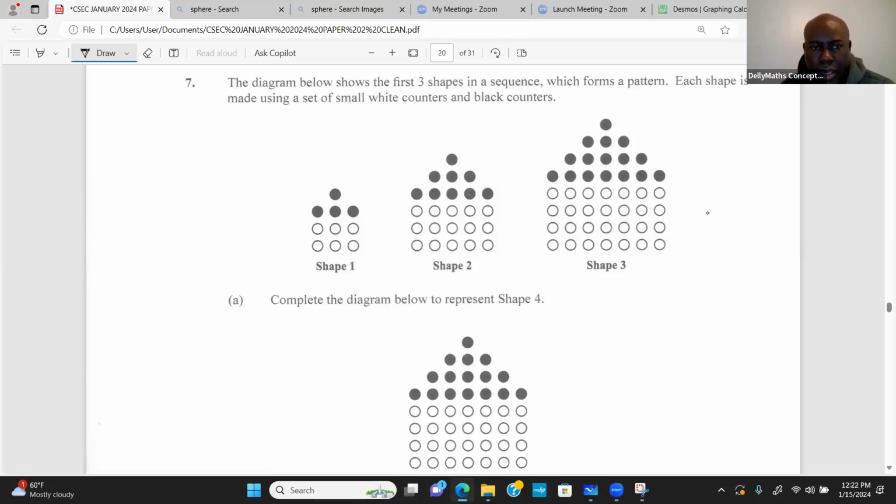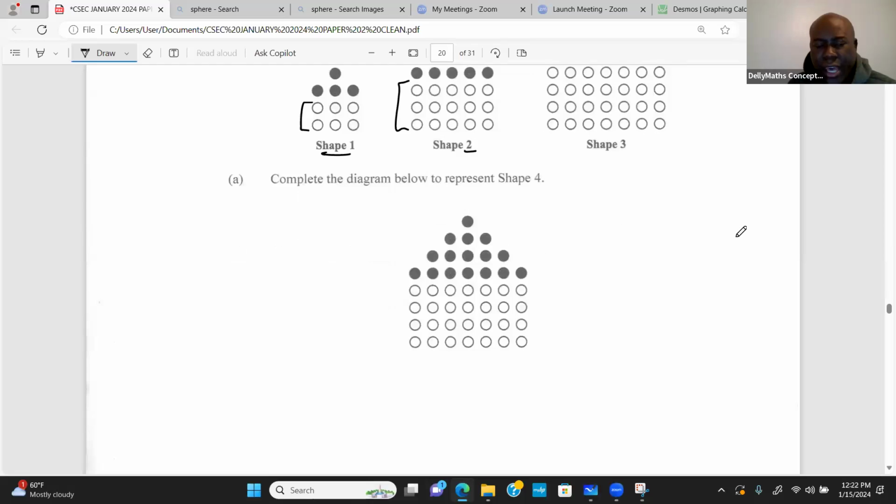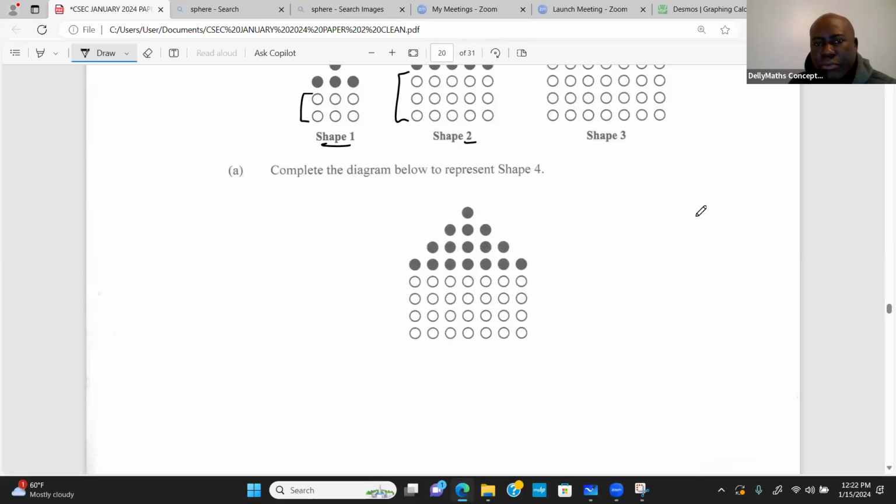As we could see here, we're seeing black and white, that's one. And we're also seeing where for every shape, we have one more layer of white. So shape one, we have 2 layers of white. Shape two, we have 3 layers of white. Shape three, we have 4 layers of white. So with shape four, we're going to have 5 layers of white.